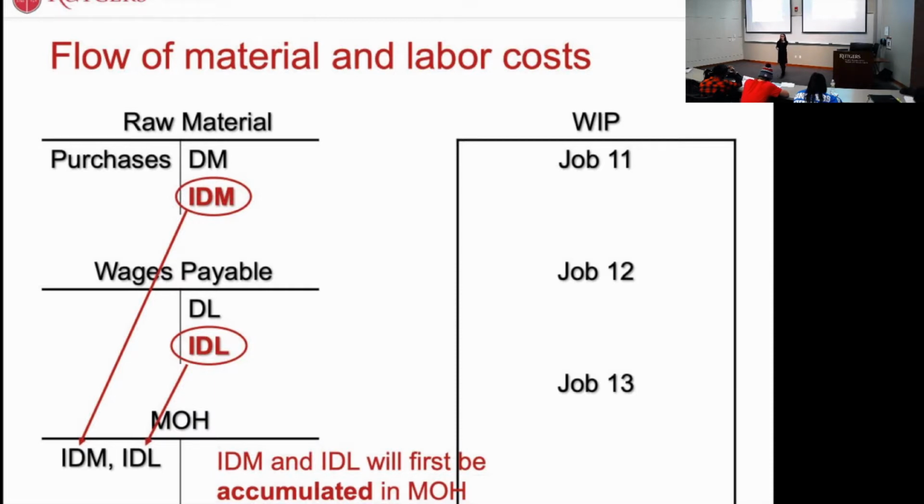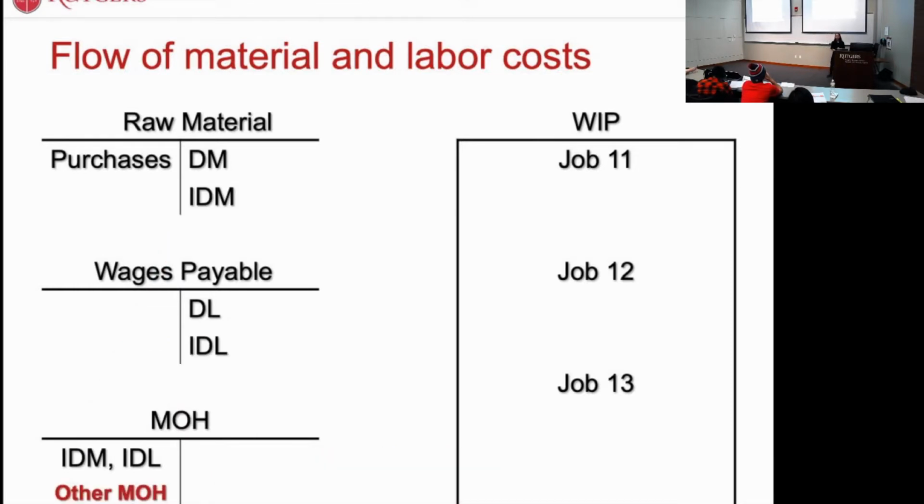So here, the key part, as I said, if we have indirect materials or indirect labor incurred, we debit them in the overhead account first. Okay? And that procedure is called the accumulation of the overhead. So besides the indirect material and indirect labor, we also have some other overhead which may be incurred during the period, and you also need to put them on the debit side of the overhead.